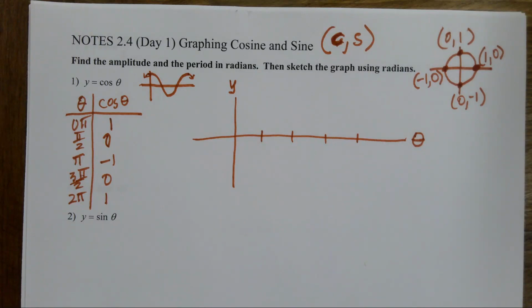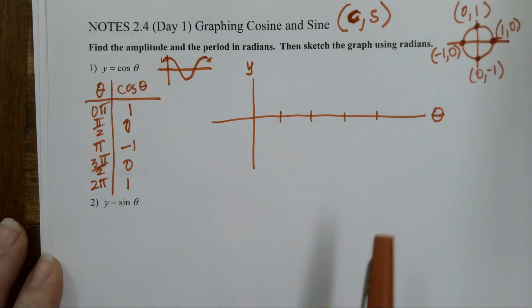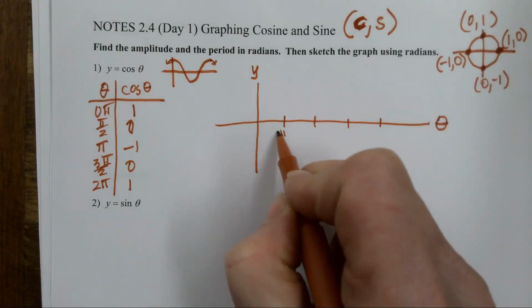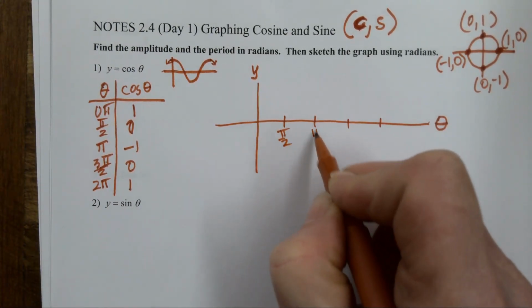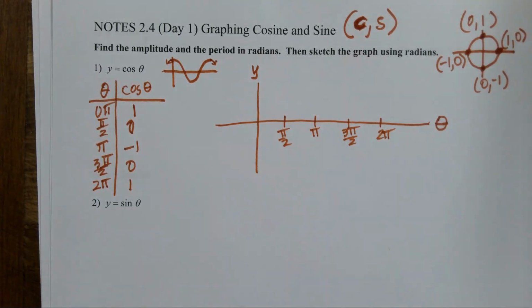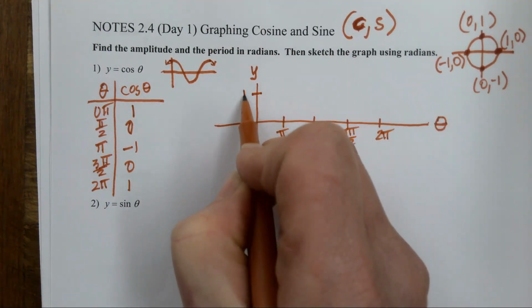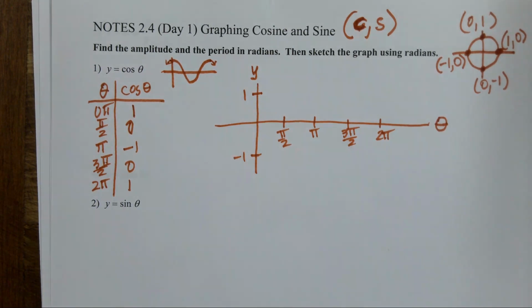Those 4 tick marks represent the end of each quadrant. And those are those points that we just looked at to grab these values. It's pi over 2, pi, 3 pi over 2, and 2 pi. And then I'm going to look at this. This graph is going to max out at 1, and it's going to bottom out at -1.